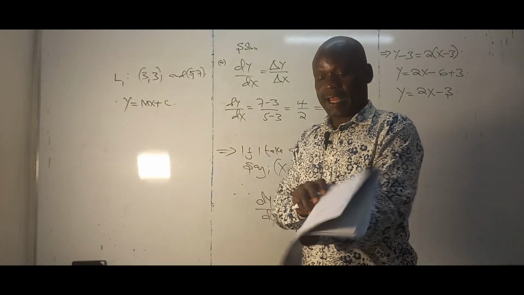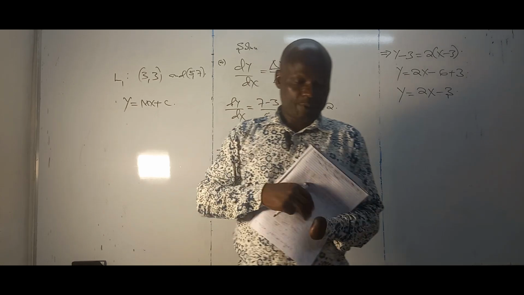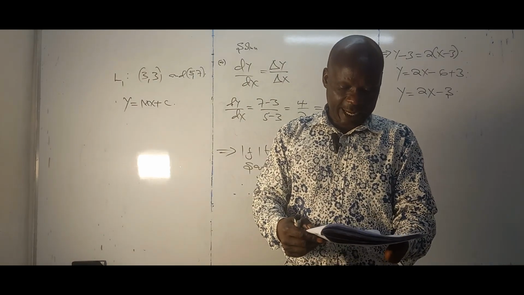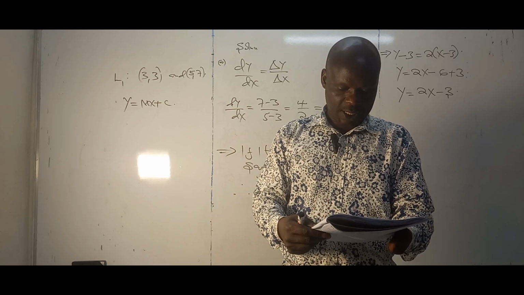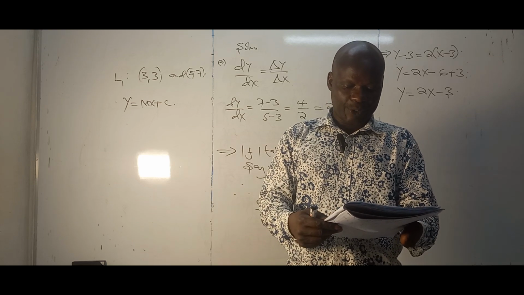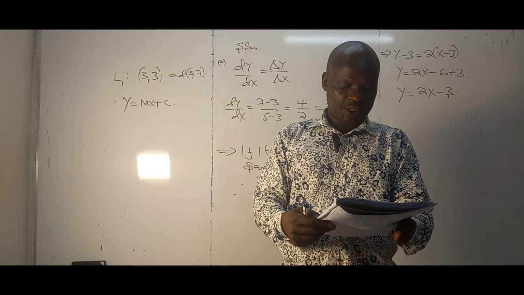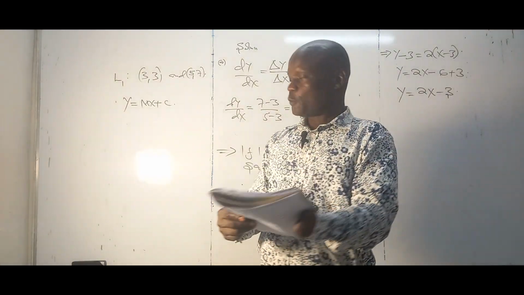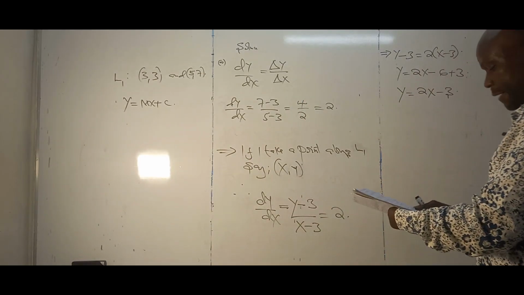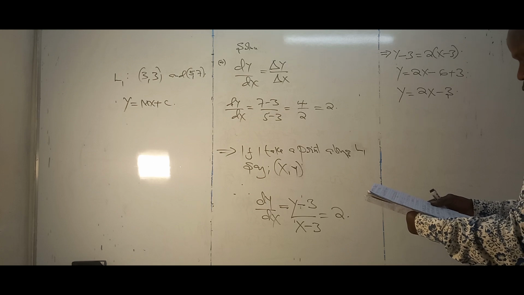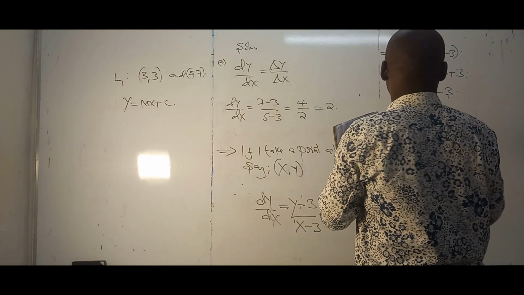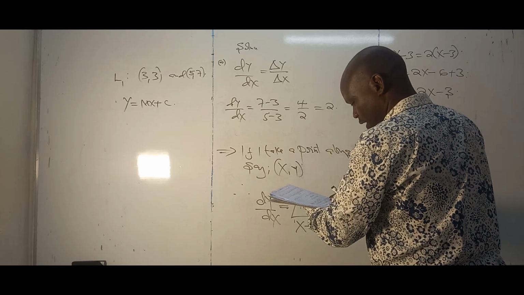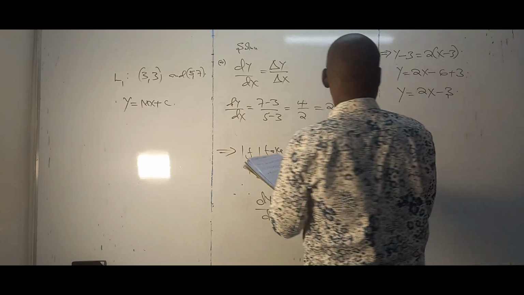Then we are told another line L2 is perpendicular to L1 and passes through the point (-2, 3). Then find the equation of L2. So perpendicular should mean that, because now we are asked to find the equation of L2.